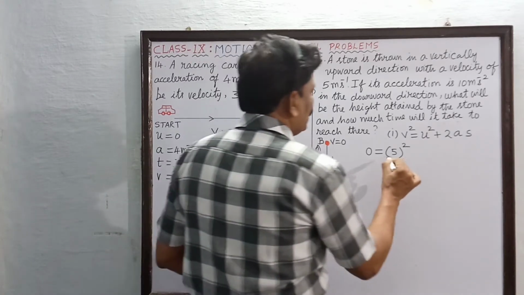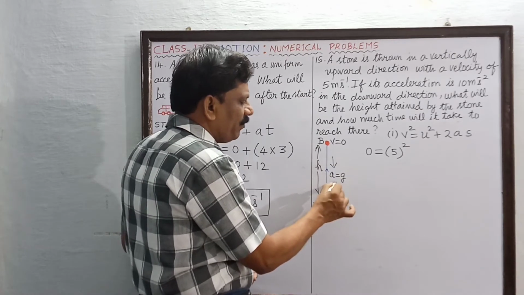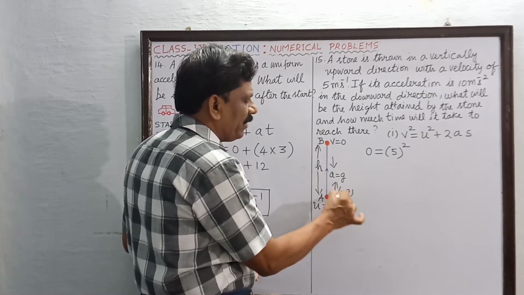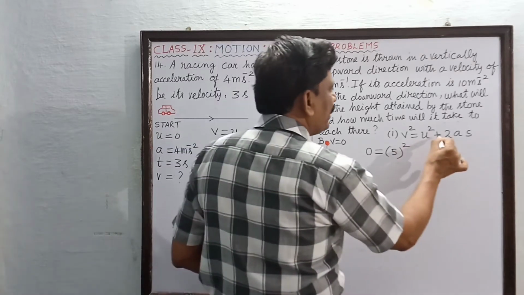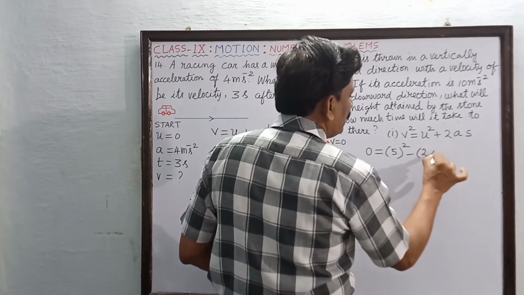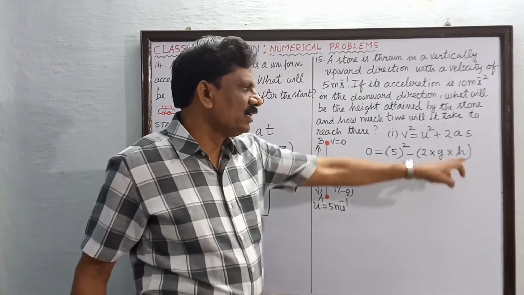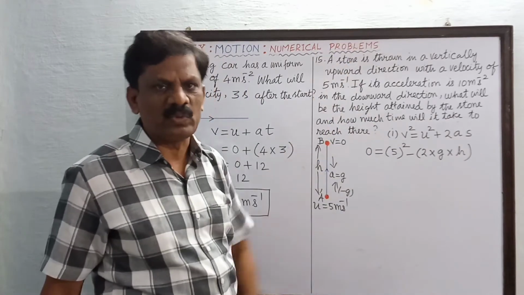For the downward direction, a equals g; for the upward direction it will be minus g. So here in place of plus, I can write minus 2 into g into the distance travelled by the stone, which is equal to the height attained by the stone.